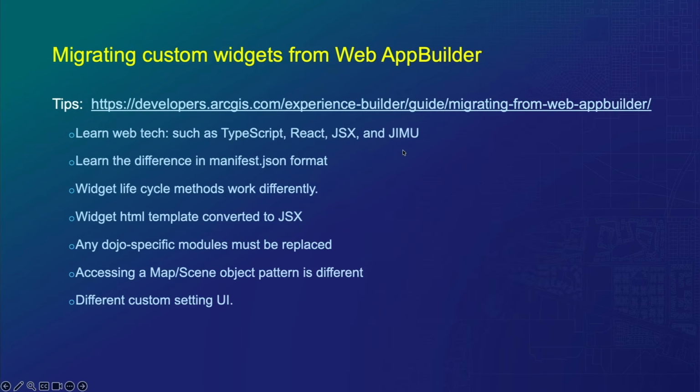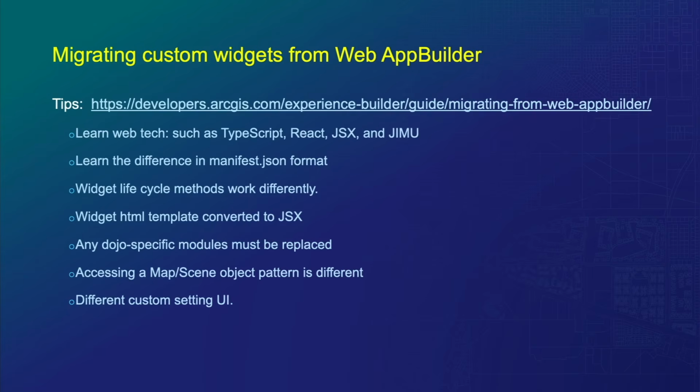First, you are recommended to learn those techniques, as I already mentioned, and the new language and the new supported modules. Then, with both Web App Builder and Experience Builder, we have the manifest JSON, if you're familiar with that. But the format is actually slightly different in Experience Builder than in Web App Builder, so you need to update as appropriate.